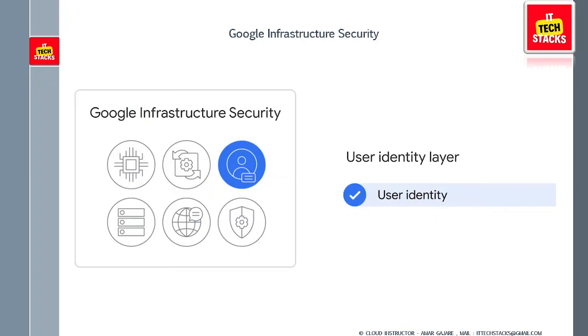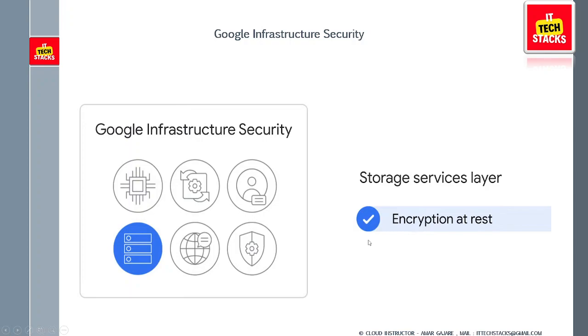On the storage services layer, we find the encryption at rest security feature. Most applications at Google access physical storage indirectly via storage services, and encryption using centrally managed keys is applied at the layer of the storage service.